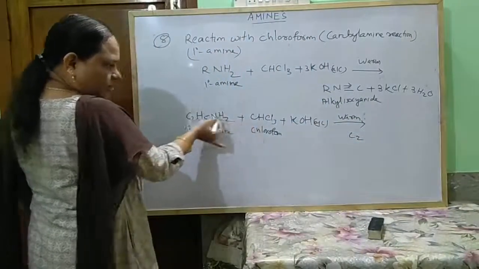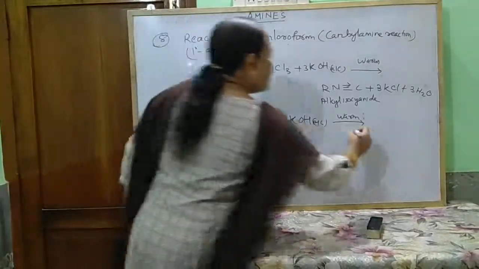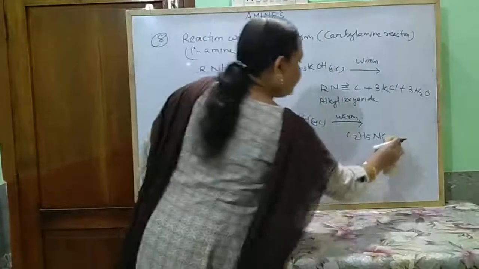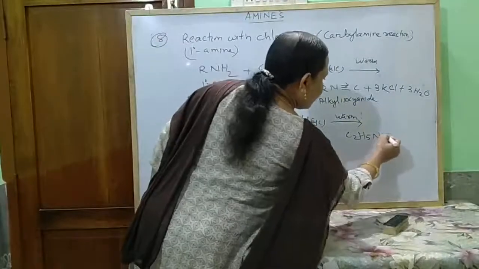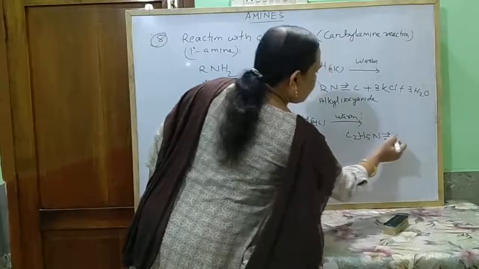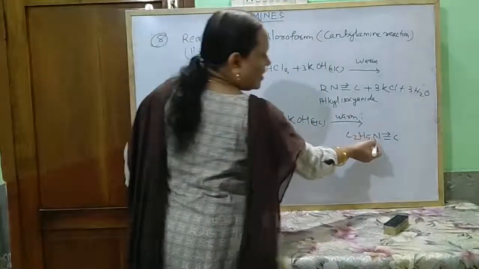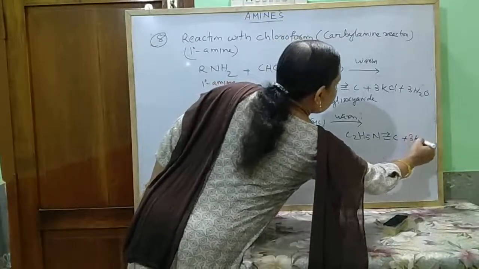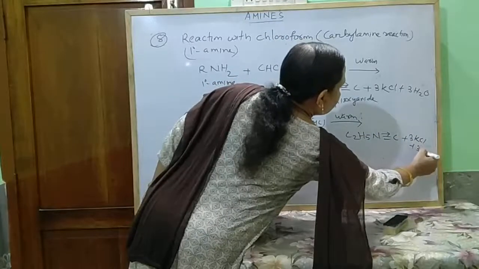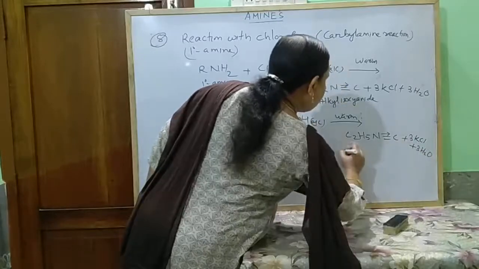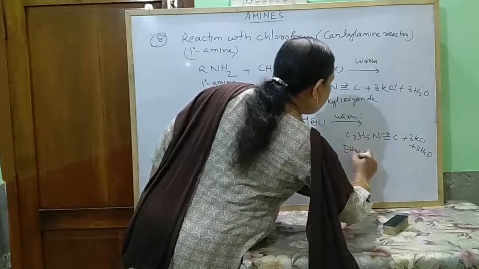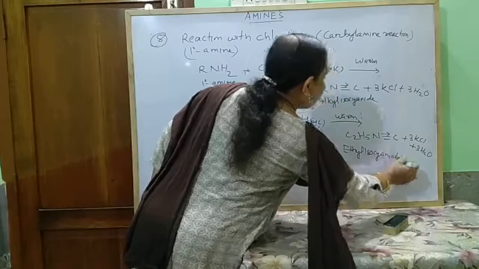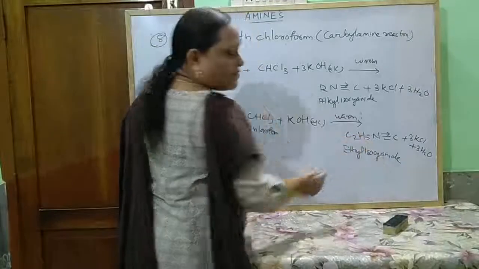N and C comes from this chloroform. C2H5NC. You can write NC or N bonding structure, or directly you can write NC plus 3 KCl plus 3 H2O. This is ethyl isocyanide, also known as ethyl carbylamine.